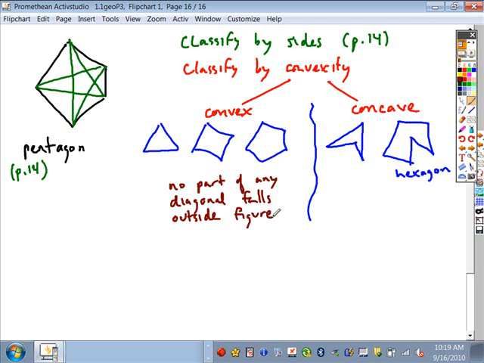For concave, again, easiest thing to remember, it's just like each figure has kind of an indentation like a cave opening. But it means that the defining characteristic is that some part of some diagonal lies in the figure's exterior.